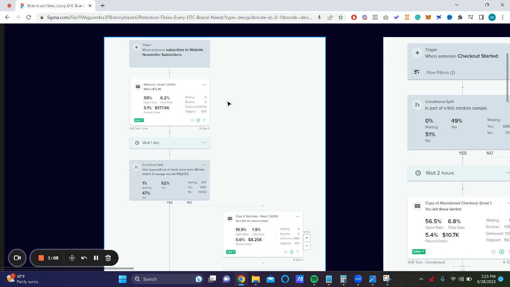Number two, you need to prove that your emails are delivering value, whether that's solving a certain problem, proving that the brand is number one in your particular category, or even displaying aesthetic value in terms of the overall email. And most importantly, you need to be separating the brand from competitors.